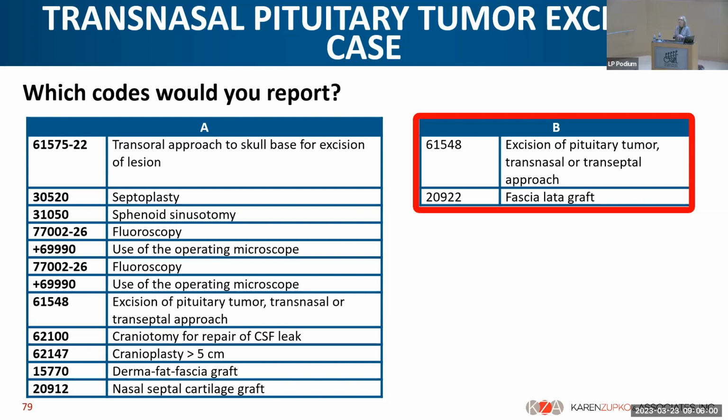But if you want to get paid, it has to be a much longer, much more intense, complex procedure. And you would have to put in a complexity paragraph and describe what about this procedure took me longer, in minutes, in hours, what anatomically was different that made me have to do a more extended approach. But just because it was a regular 61548, I would not see a reason for a 22. Absolutely. I'm sorry, a 62, you would both place a 62. And again, you'd split the value, the increased value of the code.